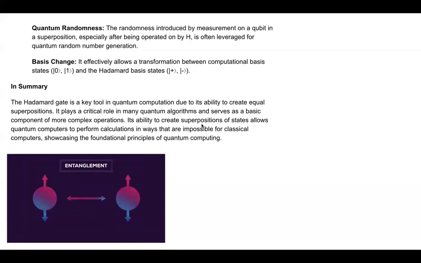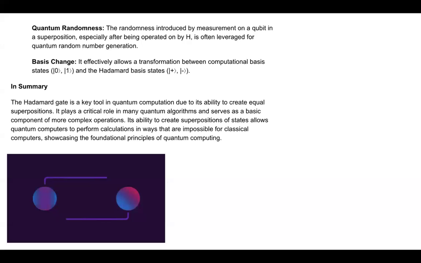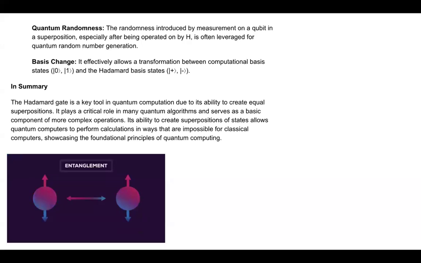It is the ability to create superposition of states that allows quantum computers to perform calculations which are not feasible using the regular systems that you have at home. So this was, in short, what a Hadamard gate is.